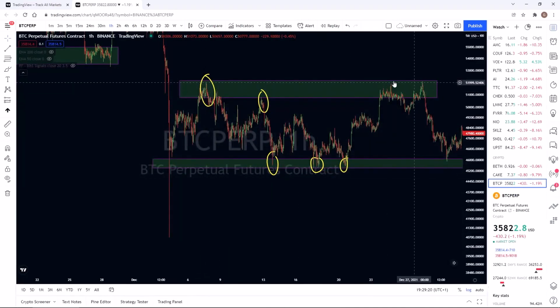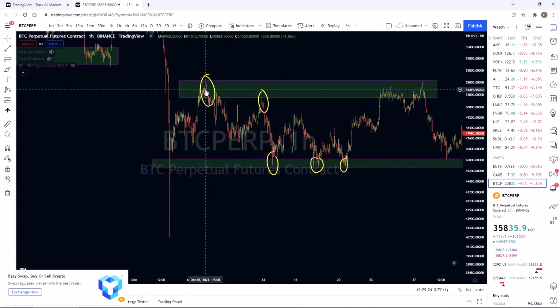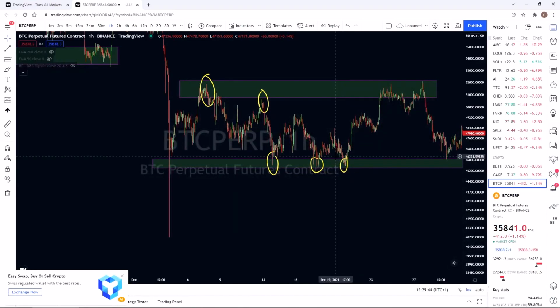So now right here, we have discovered a resistance zone and can keep this in mind for the future. Price then starts going down to around $45,000, where we reach a support zone. This has acted on 1, 2, 3 occasions as a support which the price was unable to break down.